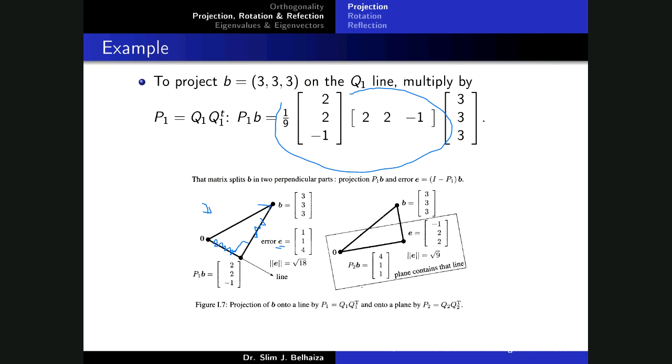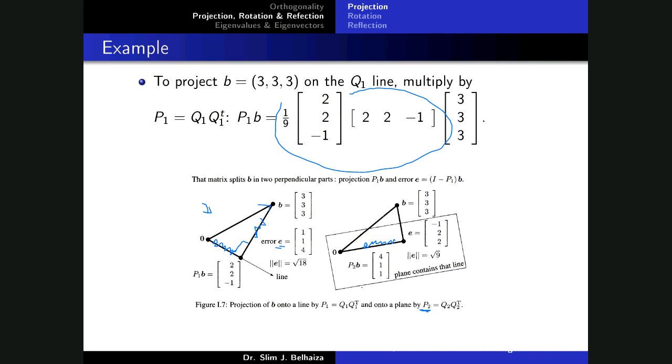And the second example, we are working with B, which is again 3, 3, 3. Okay, and in this case, what are we doing? We are projecting using P2. So we are using the other matrix Q2 we defined earlier in the previous slide. Okay, and we obtain this vector, which is P2 times B, which is here, 4, 1, 1.